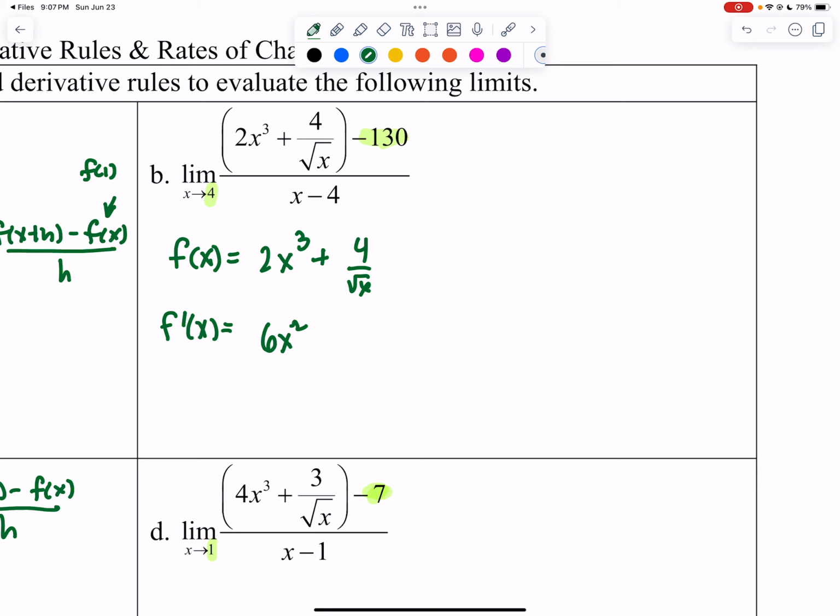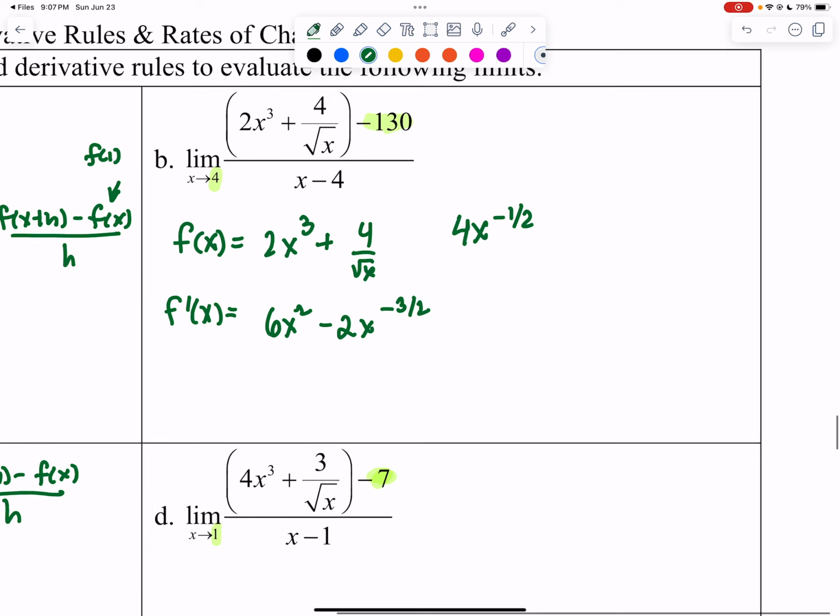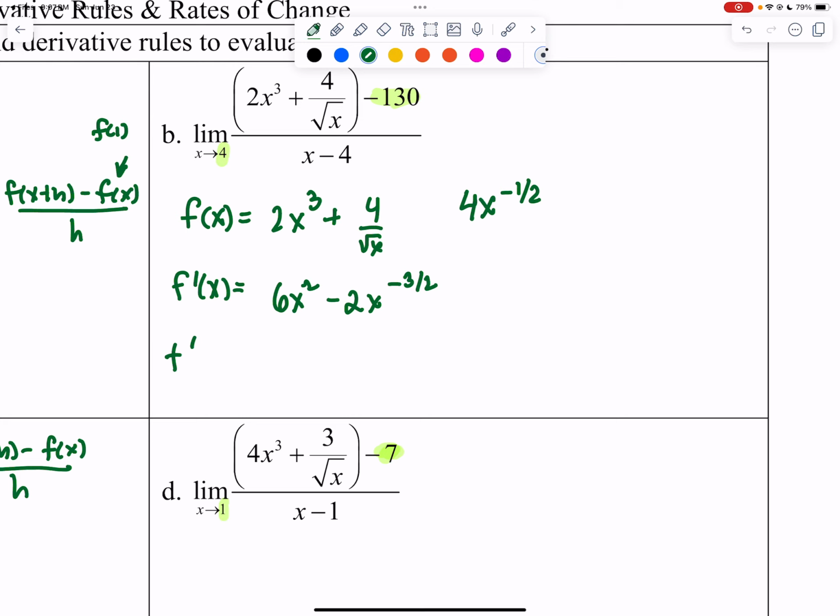And then this right here, 4x to the negative 1/2. Negative 2x to the negative 3/2. And then we're just trying to find the derivative at 4. And there's your answer. Obviously, you keep it like that. I don't want to simplify that, so just keep it like that and call it a day.